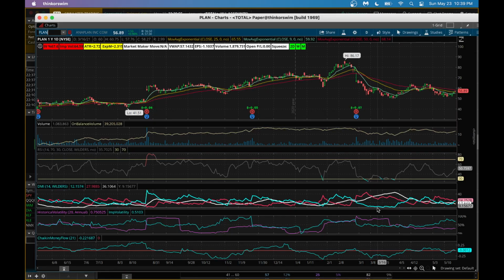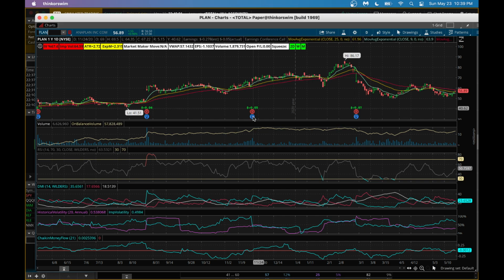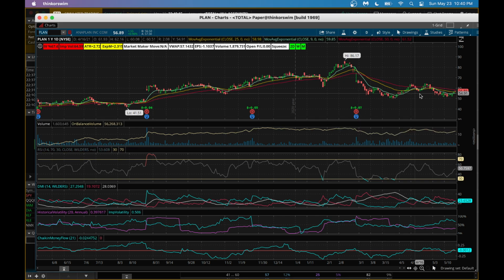As you can see here, earnings here, the stock came down, earnings here, the stock went up, earnings here, the stock was muted before the earnings, then gapped up. Right now, after the earnings, the stock is in a neutral range, trying to go up slowly.